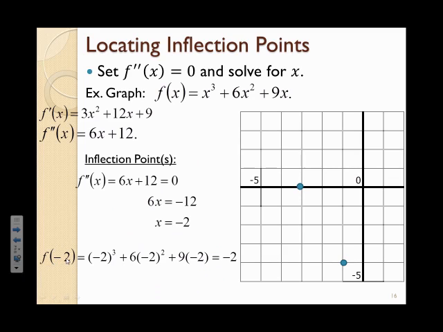Again, anytime we want to plot a point, we have to go back to the original function. So we don't use the second derivative, we use the original function. So an f of minus 2, we put it into that, and we get minus 2.